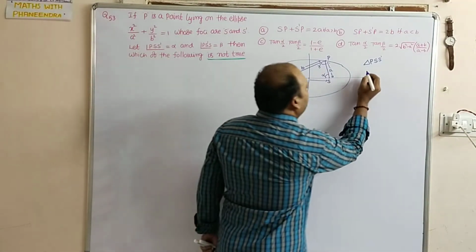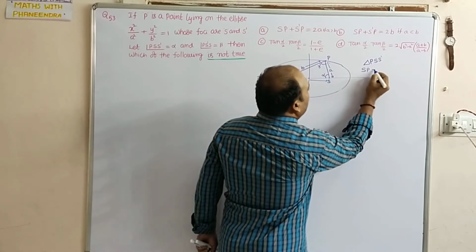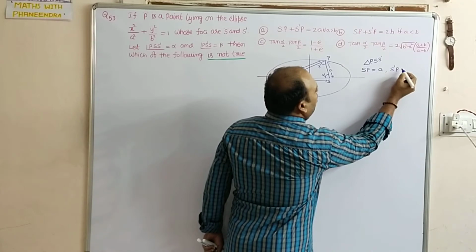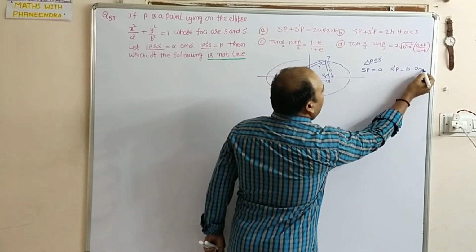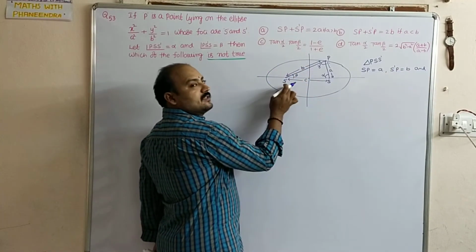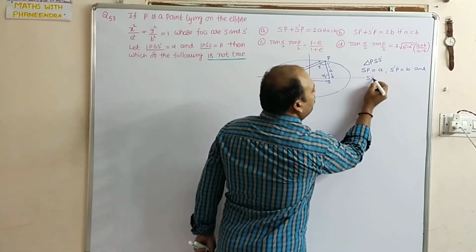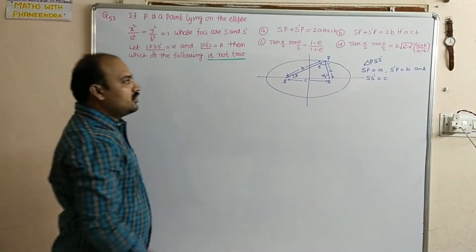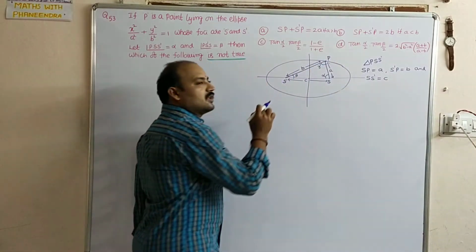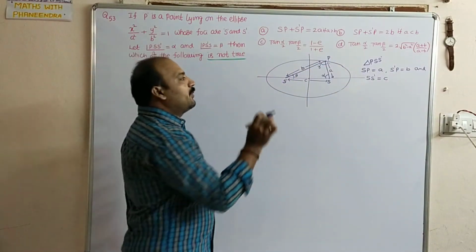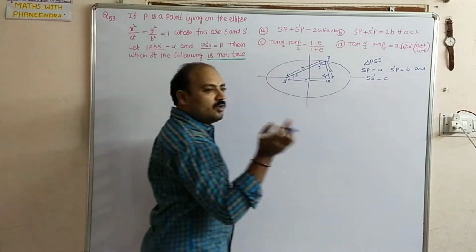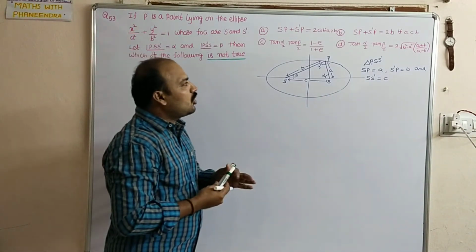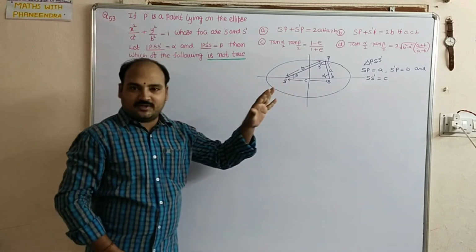So from here SP is equal to small a, S dash P equal to small b, and SS dash equal to c. The perimeter of the triangle. Sir, why are we calculating the perimeter of the triangle? Before going to calculate the perimeter of the triangle, first we want to go for option verification.